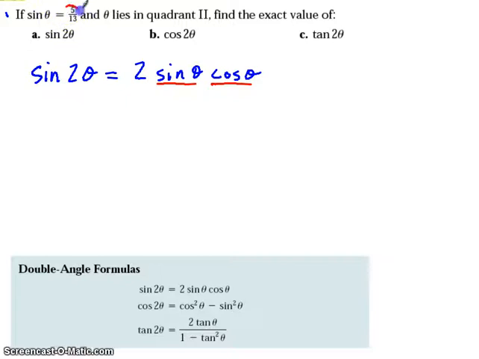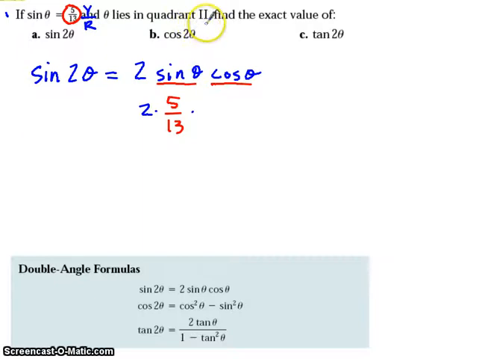Well, we have that the sine of theta is equal to 5 over 13, so that's one thing we don't have to worry about. And so basically what we need to figure out is what the cosine of theta is equal to. Well, sine of theta equal 5 over 13 means that we have y over r. We have a y value, we have an r value.